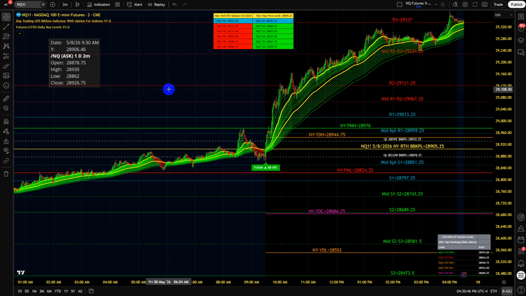Okay, so as you can see, we're on a 2-minute chart. The recommended chart time frames for utilizing this indicator for either NQ or ES, so the S&P 500 ES futures or NQ Nasdaq E-mini futures, is going to be between 1 minute and 5 minutes.